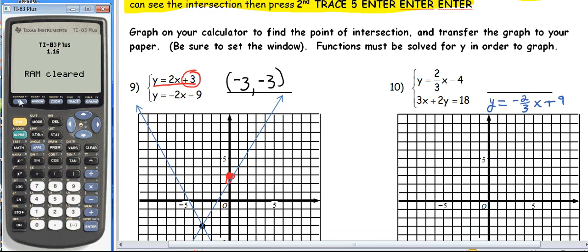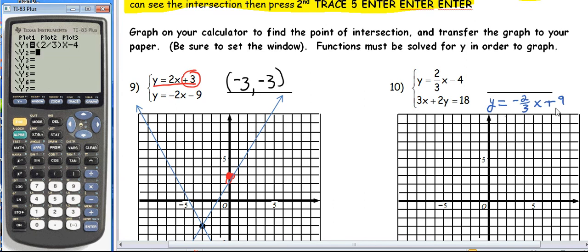All right, so I'm going to put in my 2/3 x, so I'm going to do my parentheses 2 divided by 3 for my fraction. And then I'll put x minus 4. And notice that is a minus sign because it has a variable on one side and a number on the other side.